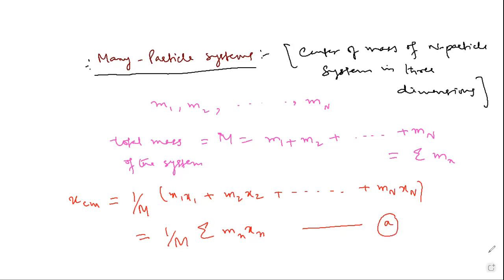Right? Similarly, the y coordinate of the center of mass, ycm, will be given by one over m times m1 y1 plus m2 y2 plus so on plus mn yn, right?